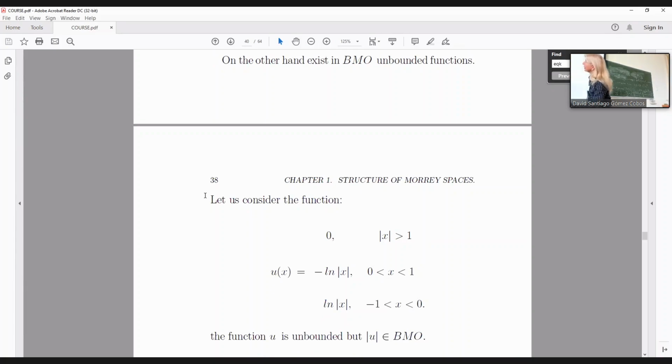I forgot the graph here, but the function u is defined with three different values: 0 if the absolute value of x is more than 1; minus logarithm of x if x is between 0 and 1; and minus logarithm of the absolute value of x where x is between -1 and 0. This function is unbounded, and we can prove that it is in BMO.